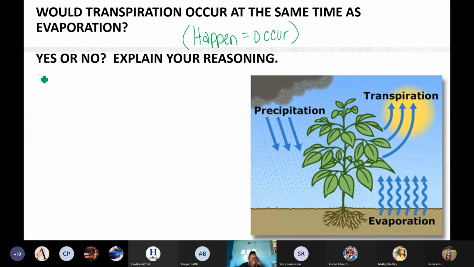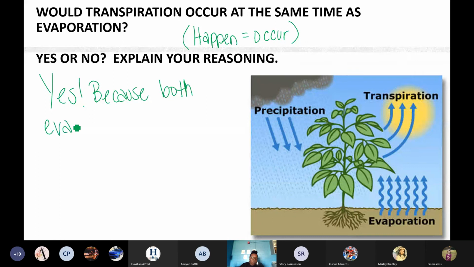Okay? So yes, it does happen at the same time as evaporation, because both evaporation and transpiration require heat to work.